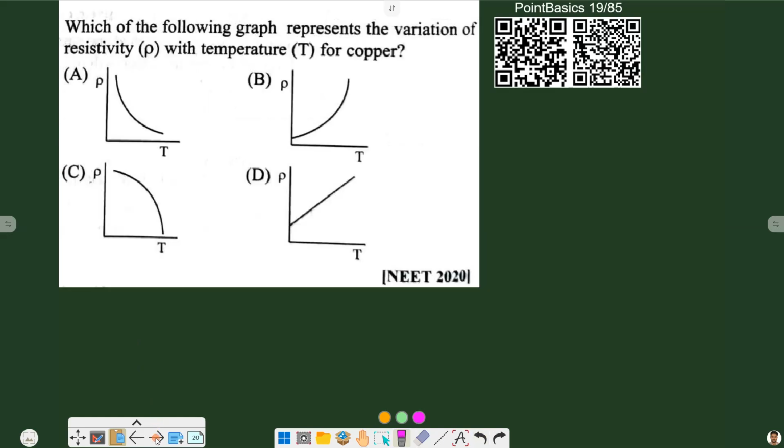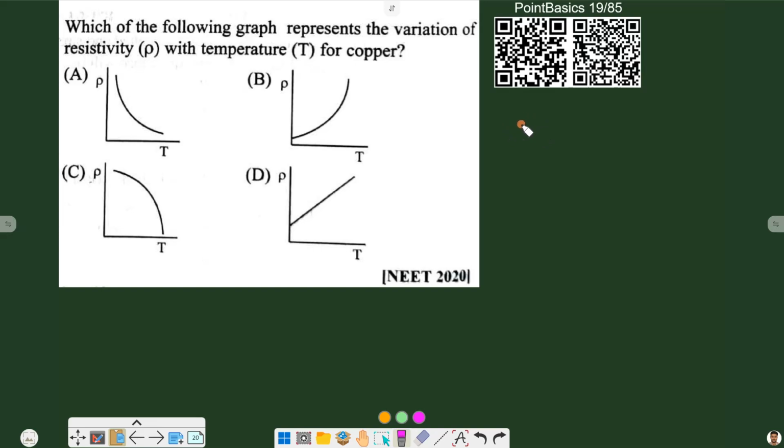Moving to the next question. Which of the following graphs represents the variation of resistivity with temperature for copper? Now we have to represent the variation of resistivity. Let's start with resistivity. We know that we have various formulas for resistivity.